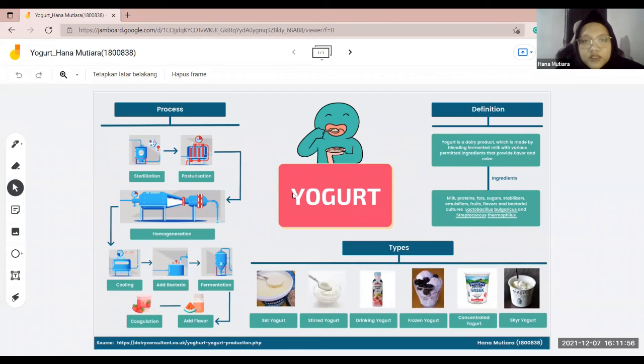So for the set yogurt, after filling the yogurt package and after palletizing, the pallets are placed in an incubation chamber at a temperature around 42 degrees Celsius, for about 4 hours. And for the stirred yogurt, the time is about 5 to 7 hours. Okay, that's the answer to Yuli's question.